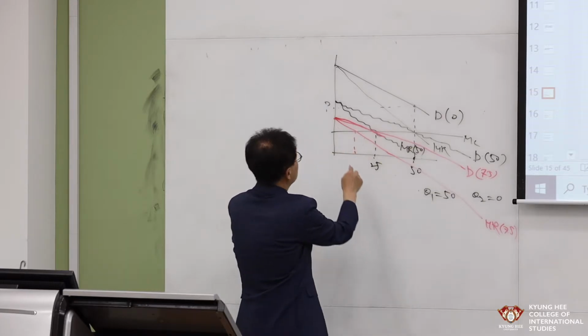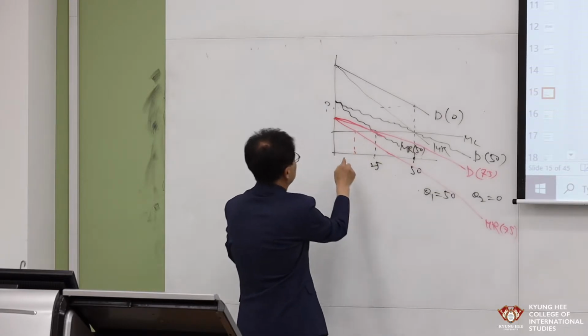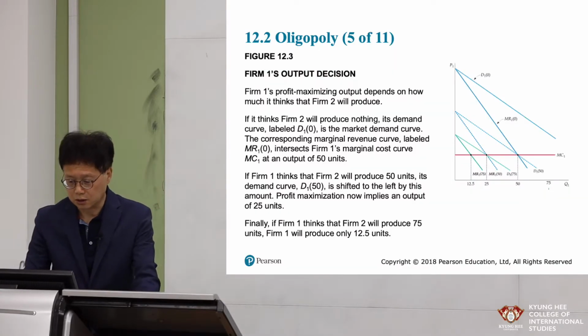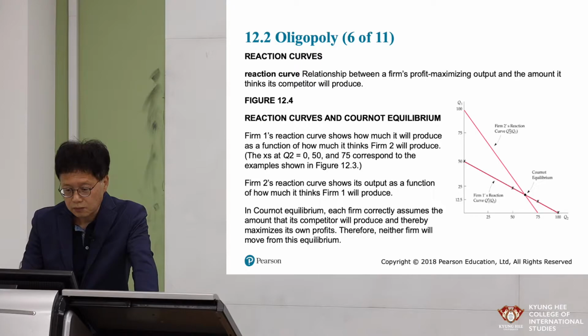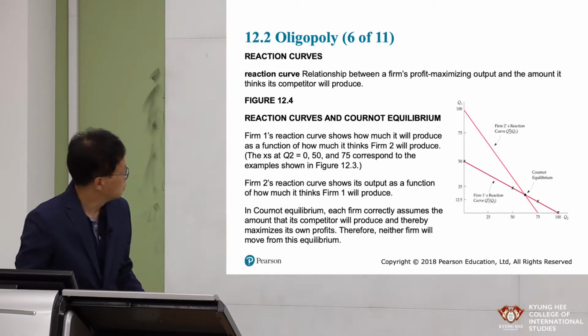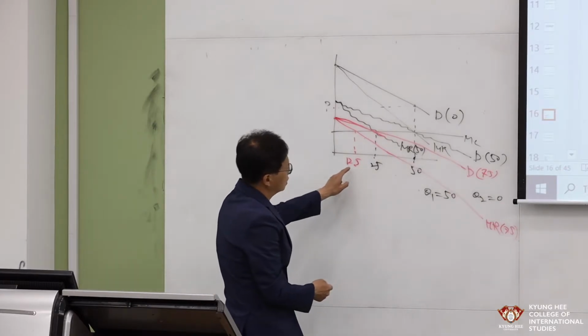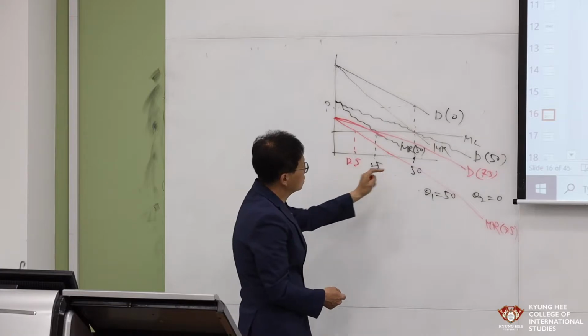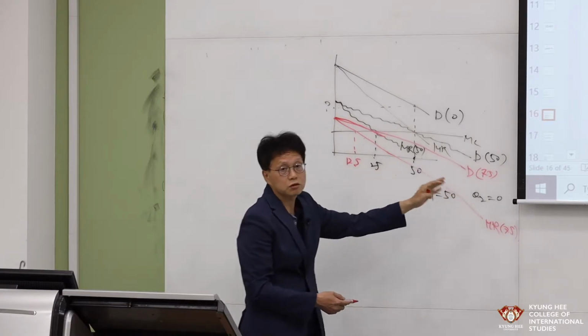That is 12.5 units, the profit maximizing quantity. So anyway, we know the production of Q1 under the assumption that Q2 produces something.